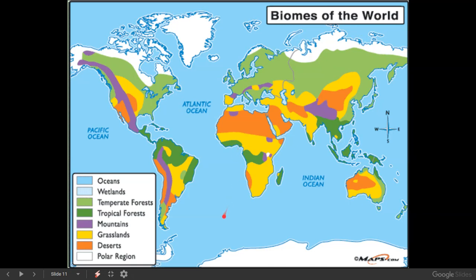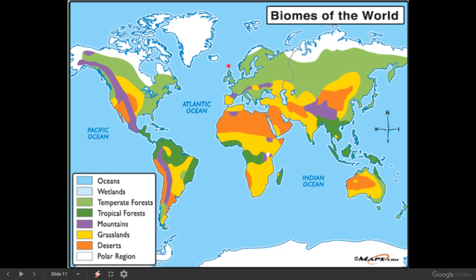So biomes are characterised by really the fact of how cold or warm they are and how dry or how wet they are. Consequently, because of that environment, different organisms are adapted to be able to live there. So you'll see very similar organisms in the temperate forests of Canada as you would see in the temperate forests of the UK, for example.